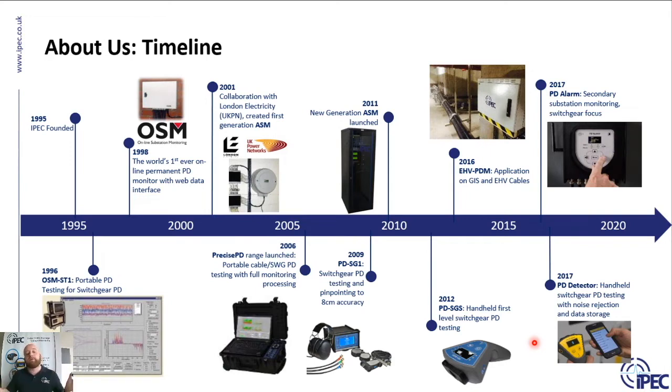So we've got sort of a full product range now across different solution applications, instrumentation and permanent monitoring, as well as different network applications in terms of transmission and distribution side of things.